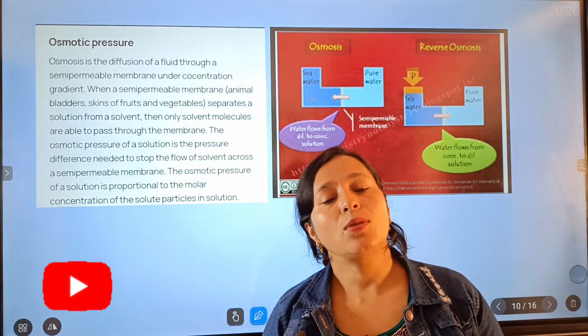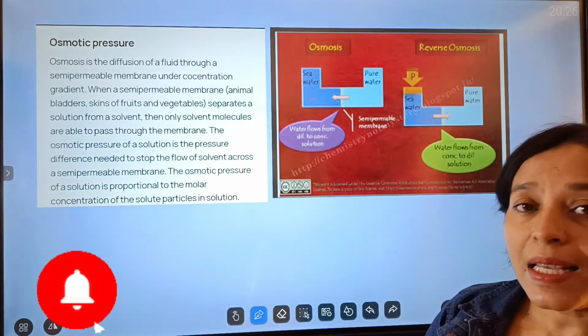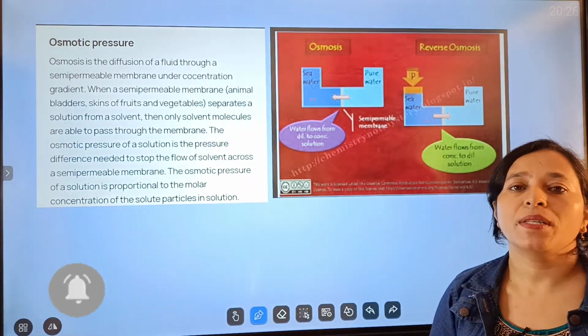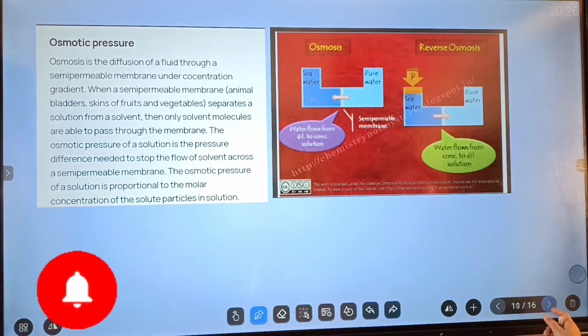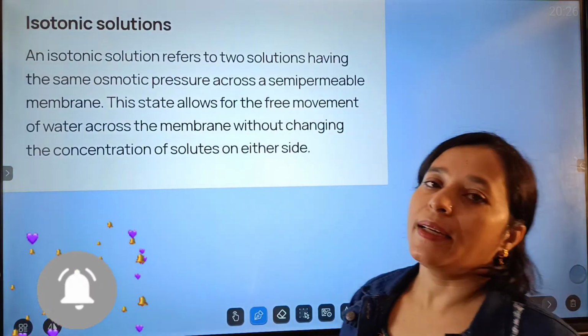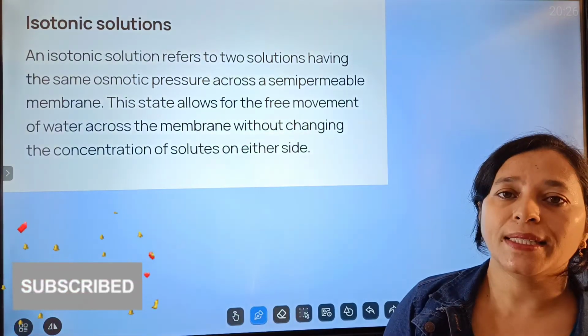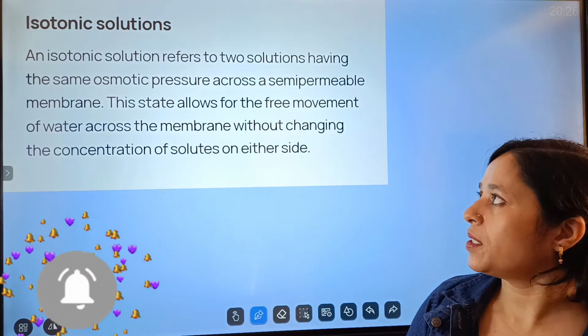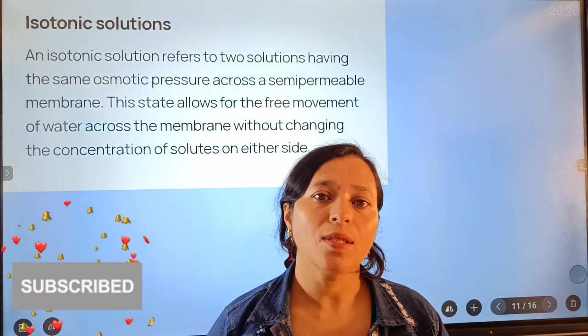Students, through the use of osmotic pressure, we can also calculate the molecular weight, as you have seen in the previous colligative properties. I will tell you a little later how we will calculate the molecular weight using osmotic pressure. First, I just want to discuss with you what are isotonic solutions.